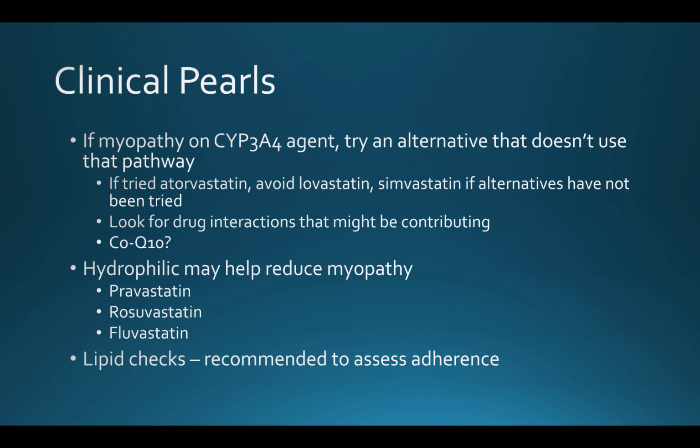With the pravastatin, rosuvastatin, if I've got a patient that runs into myopathy on atorvastatin or simvastatin, I might look to use a more hydrophilic statin, and maybe one that utilizes kind of a different pathway than 3A4, maybe has less interactions via that pathway, and those would be like pravastatin and rosuvastatin.